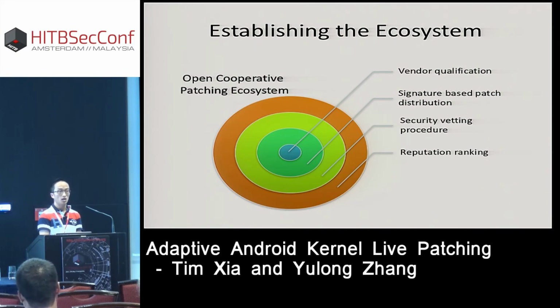For example, how good the reputation of the vendor is, or how stable this patch is on other users' phones of the same model. So by combining these 1, 2, 3, 4 layers together, we want to establish the ecosystem based on the adaptive kernel patching framework we just described.